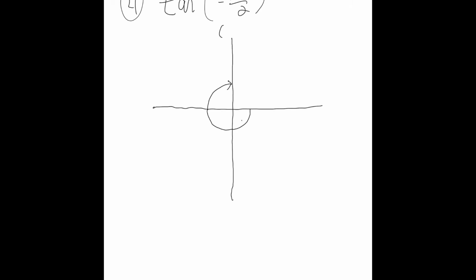This coordinate here is 0, 1, and tangent is y over x, so x comma y. Tangent is 1 divided by 0. And when we divide by 0, this is undefined.